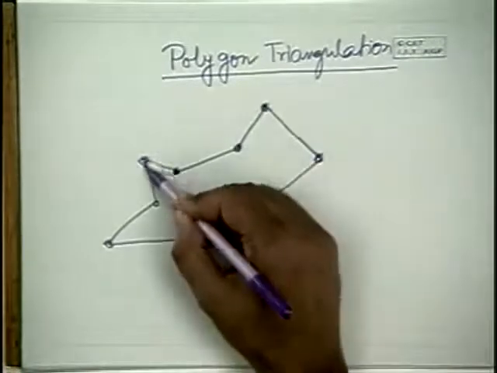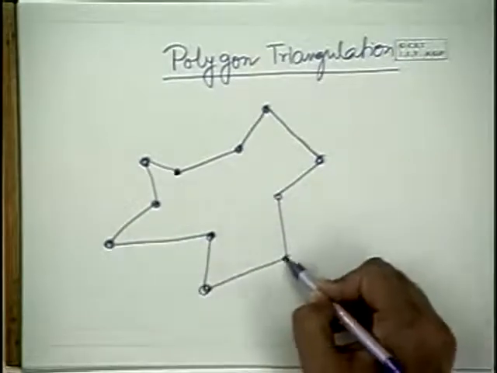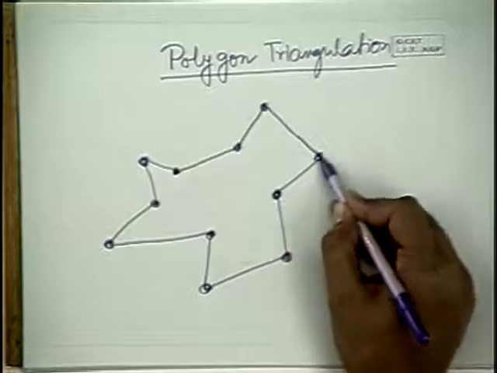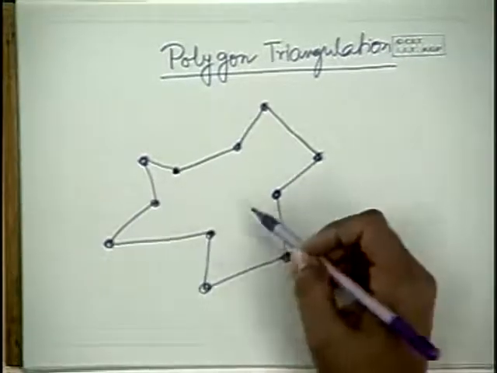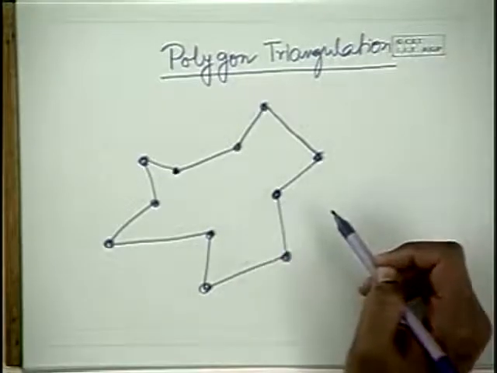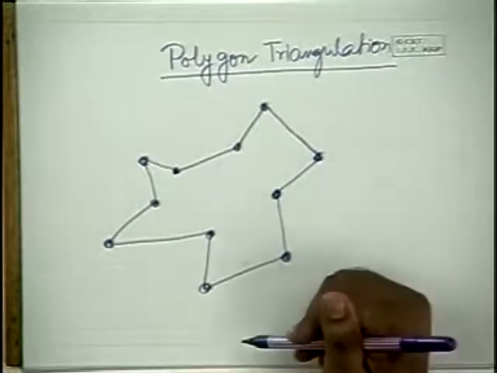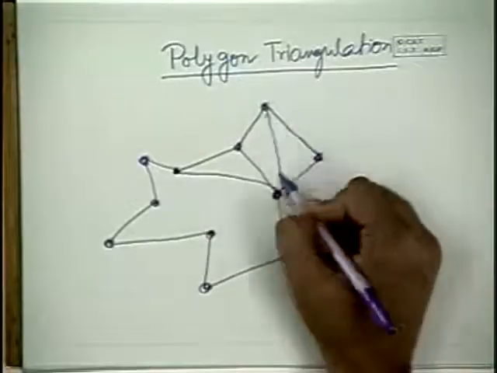Now, one problem, it's a very practical problem. Objects are sometimes represented within the computer as a polygon, 2-dimensional objects. Suppose you have been given a 2-dimensional object and we would like to triangulate this object. Why? Because triangulation gives simple pieces of the object. Triangulation means what? Means I want to break up this entire polygon into triangles.